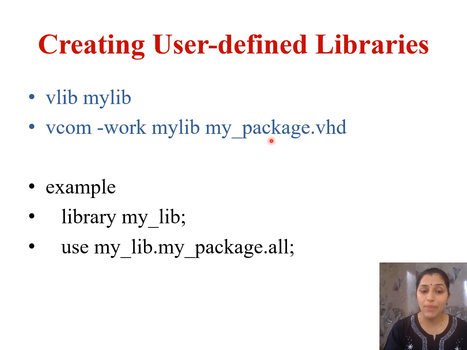To associate that package with the library, we use vcom dash work mylib, with whom I need to compile my package: mylib my_package dot vhd. So how will I include it in my code? In new code, library name is mylib. Use mylib dot package name dot all. So library and package always go hand in hand.